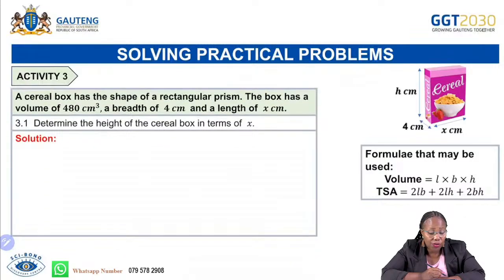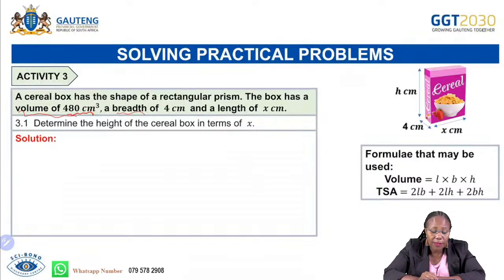And then now, grade 12, I want you to try this one on your own. I am giving you 5 minutes. We have a cereal box that has the shape of a rectangular prism, and the box has a volume of 540 centimeters. That is the volume.